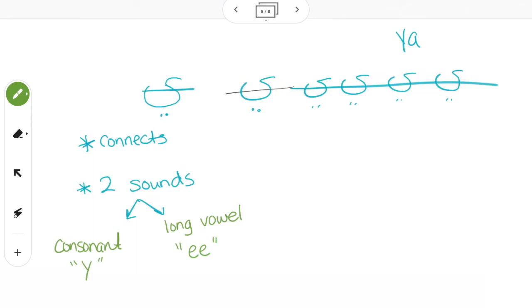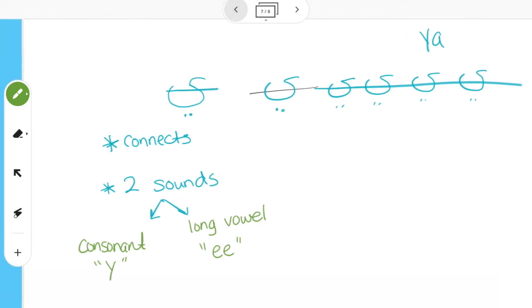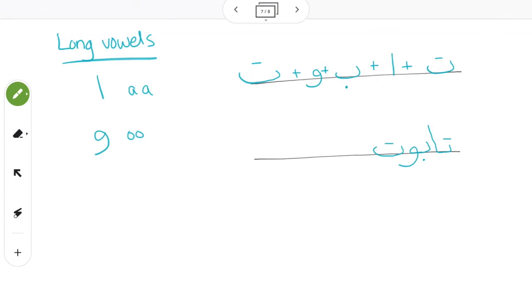And when it does that, the sound that it makes is E. So now the vowel sounds that we have are A, U, E. Alif makes A, Waw makes U, Ya makes E. These are the three long vowel sounds that you have. A, U, E.